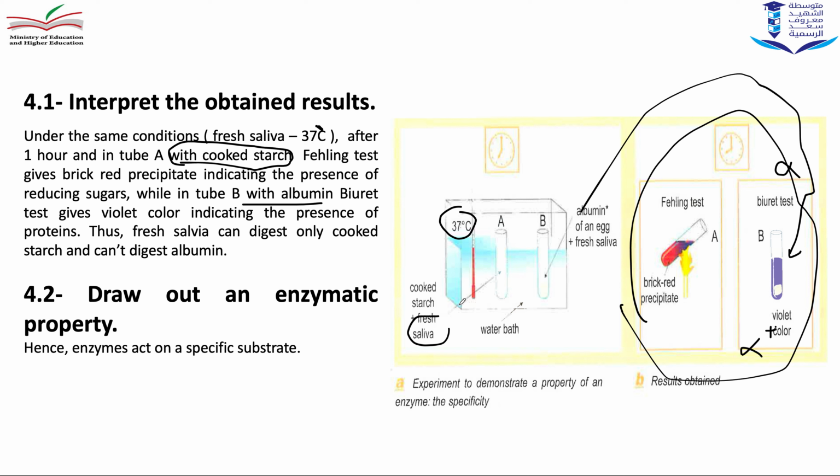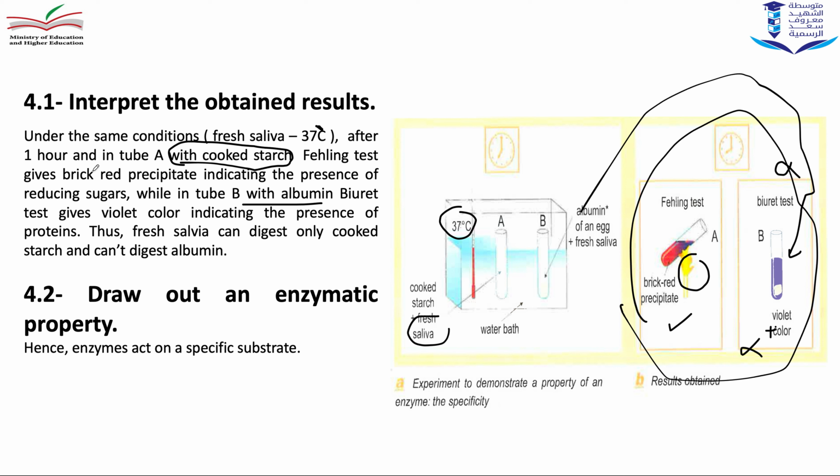But here كان عندي starch وصار عندي Fehling test. اوكي انتبهوا نحن فايلنج تيست we performed with heating. فإذا هون there is a digestion, here there is no digestion. فإذا thus fresh saliva can digest only cooked starch and cannot digest albumin.